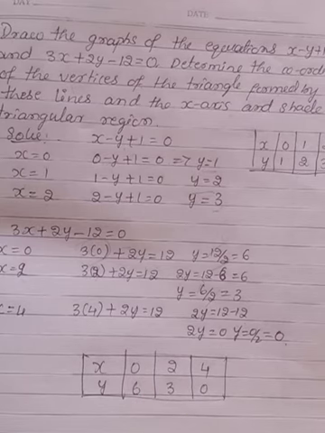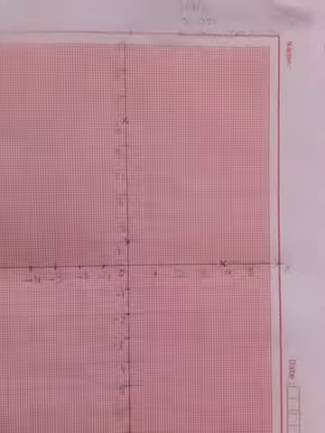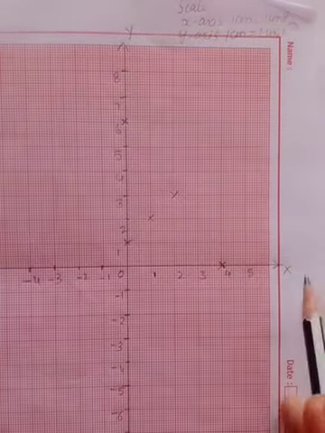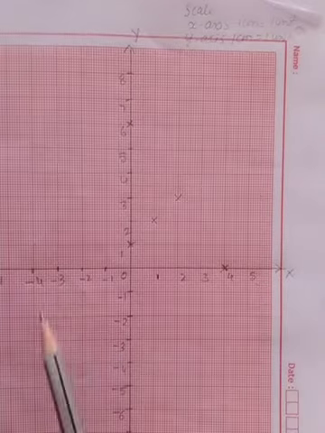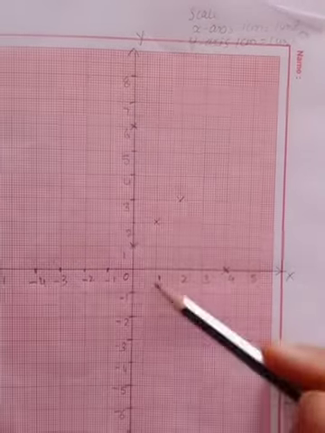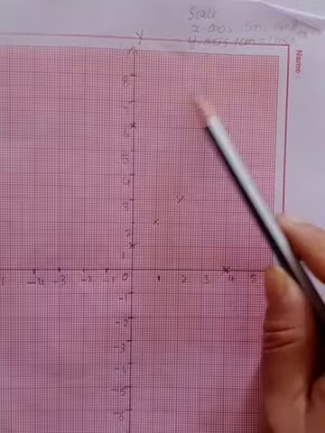Now let us plot the graph of this. Okay. Same horizontal and vertical lines, x and x dash, y and y dash, positive numbers, negative numbers, scale 1 centimeter is equal to 1 unit.